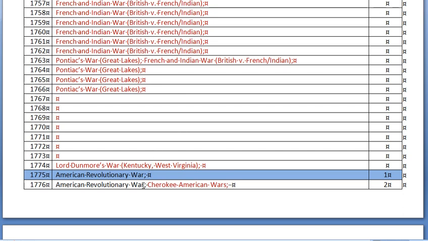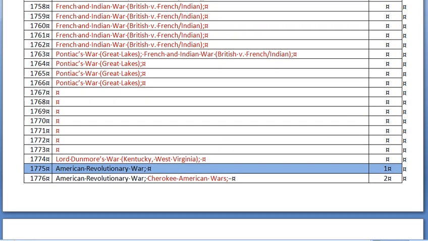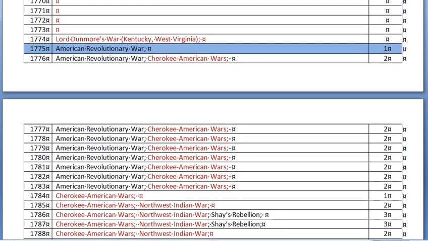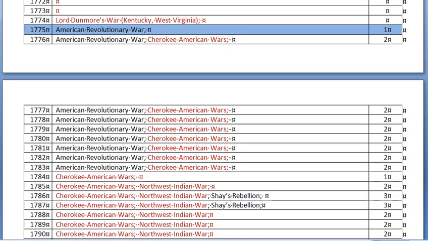Black is wars against someone else, usually European. Could be Mexican or somewhere in the Pacific. So 1775, we're fighting the Revolutionary War. Then we're fighting the Cherokee American Wars, right? Okay, so 2 wars for fighting. All right, again, 2 wars.